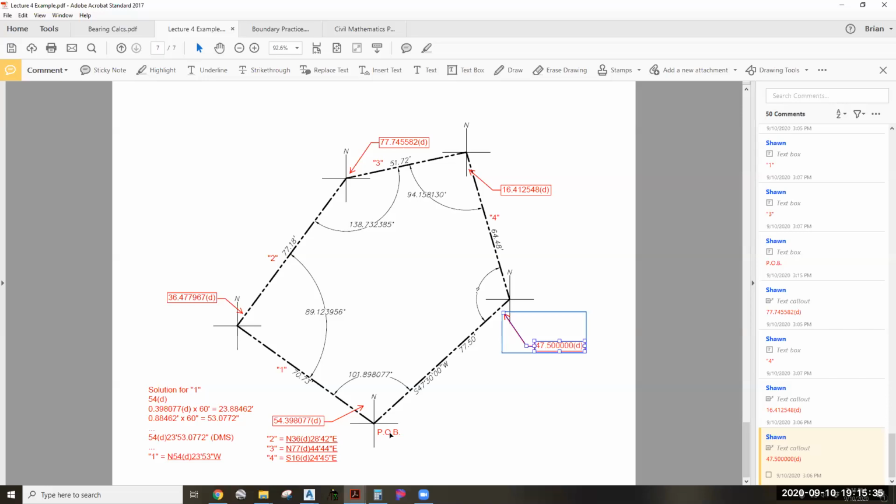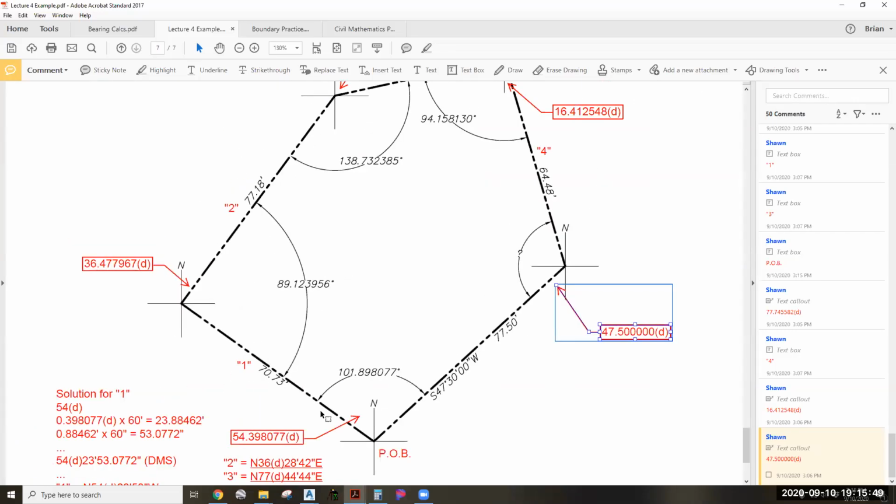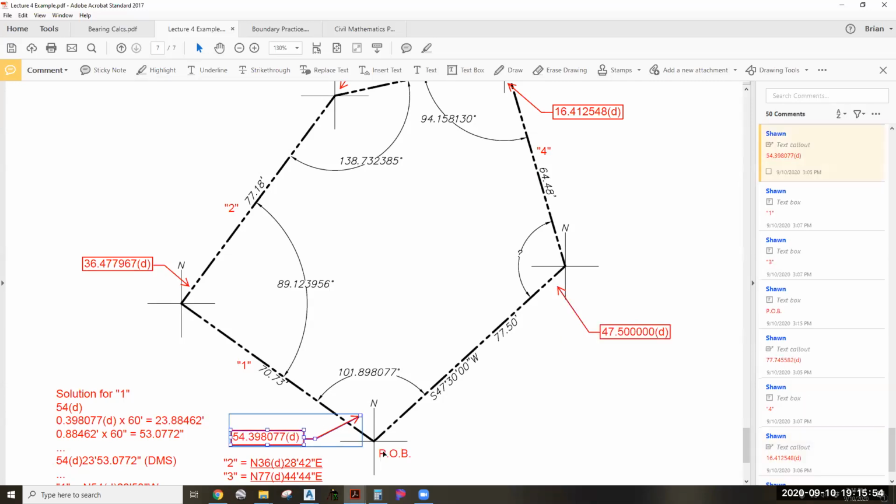Okay. So because I started at the POB, point of beginning, I found all of these angles. So the bearing of, let's say, line number 1, I've just labeled it number 1. Line number 1 is going to be this converted into DMS, degrees, minutes, seconds.